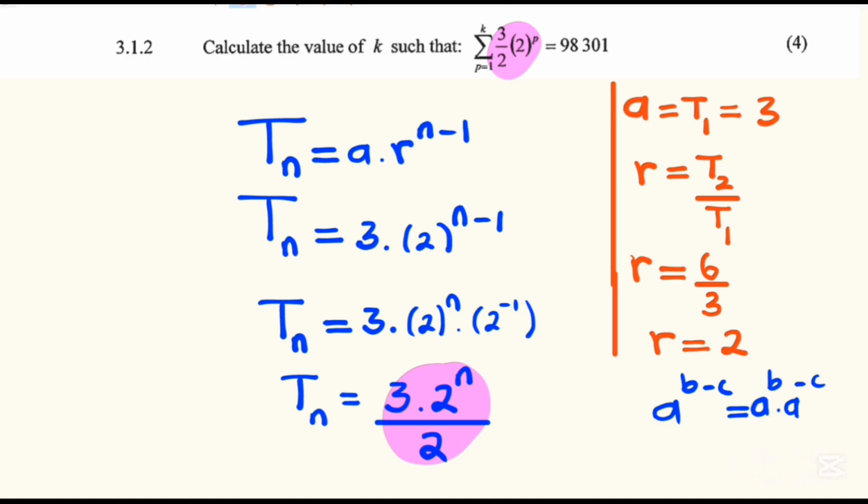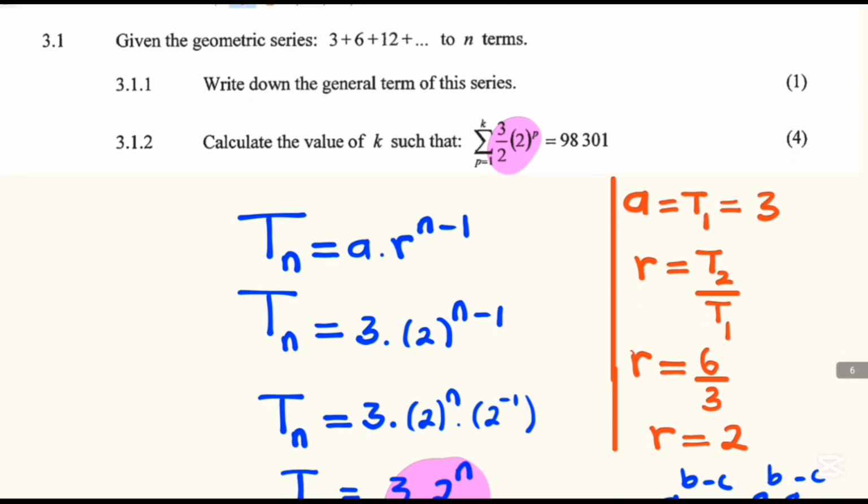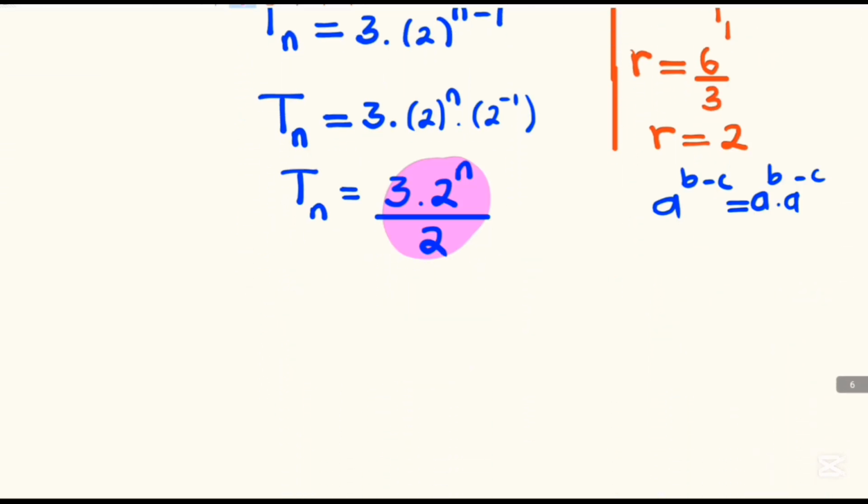So we can just use the a is equals to 3 and the r is equals to 2 to determine the value of k, because if we were to expand what we have inside the summation, we will get 3 as the first term and 6 and 12 as the second and third terms respectively. So we have to determine n or k.